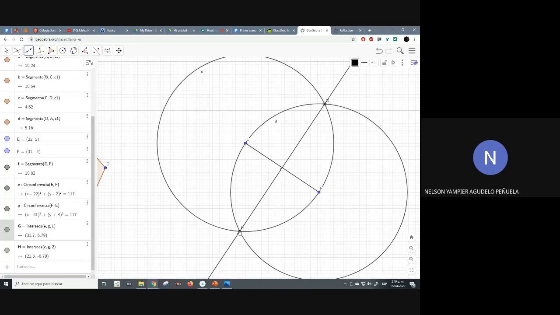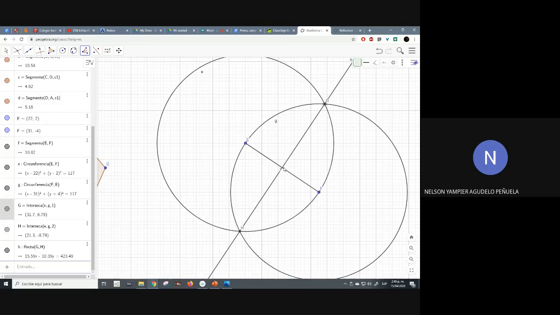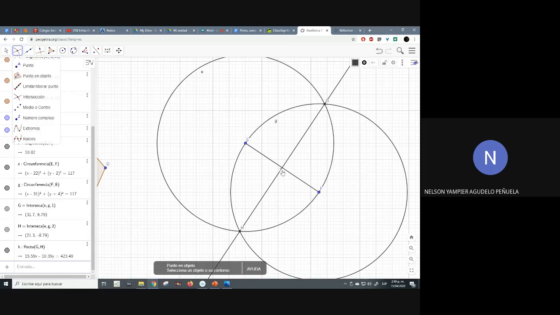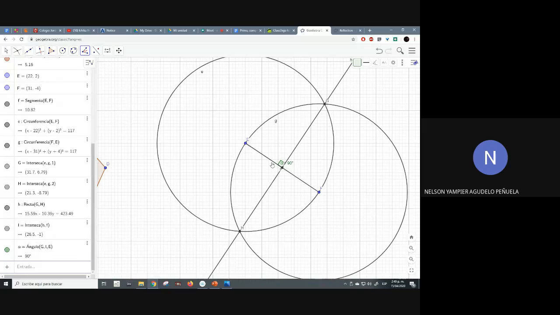Remember that we did it last term in GeoGebra and with compass and paper. So this is a bisector. Why? Because it makes a right angle. No, I couldn't. I have to put another point. It makes a right angle. You see, 90 degrees, but it also divides exactly into equal parts.